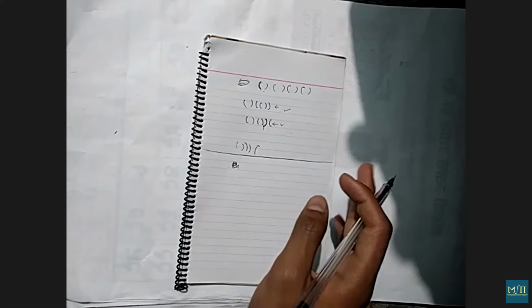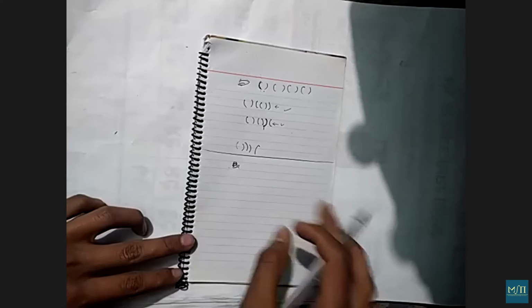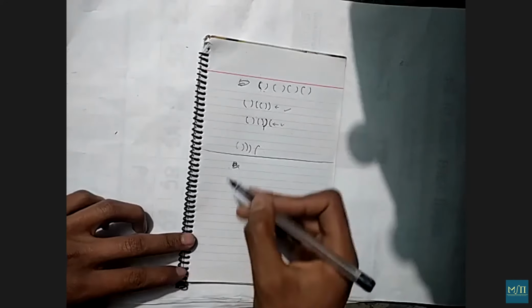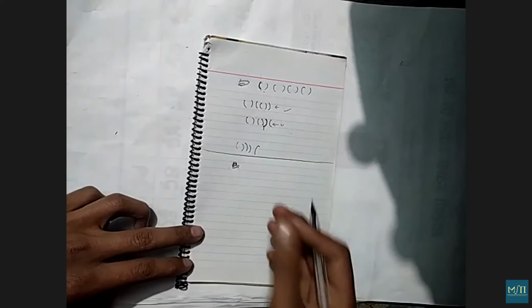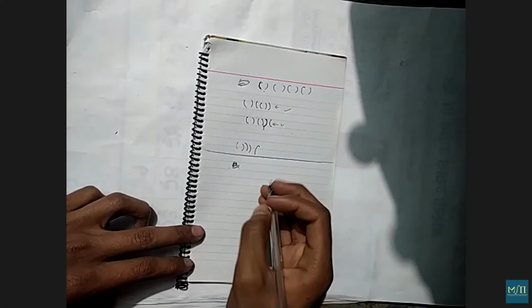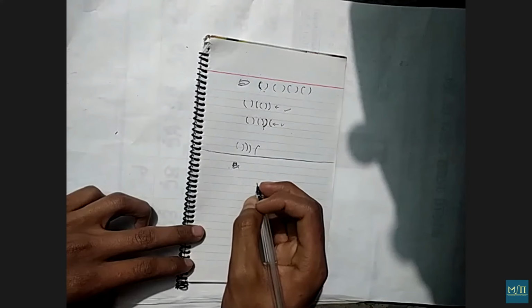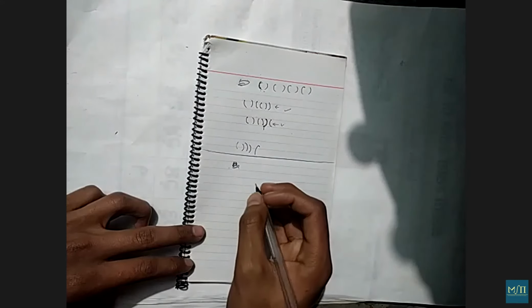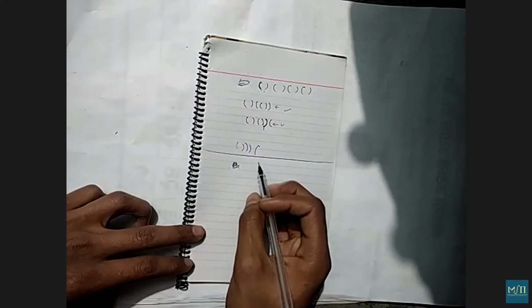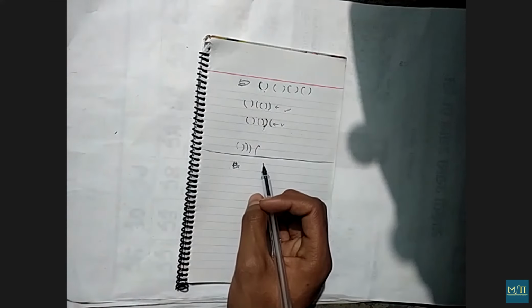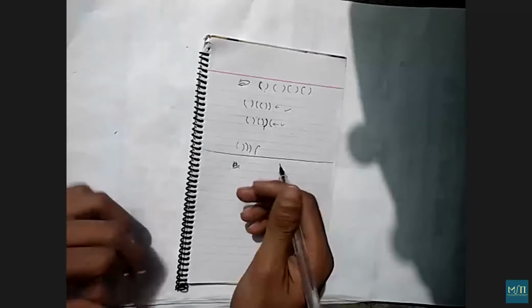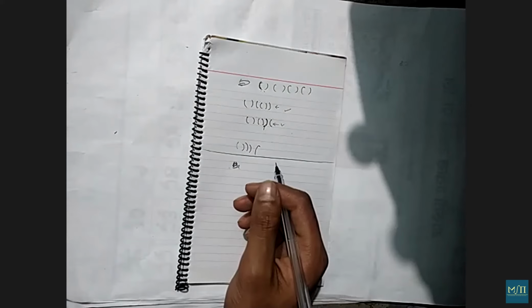We had talked about it. So how many ways are there to arrange these parentheses or brackets? Let's call it in short.